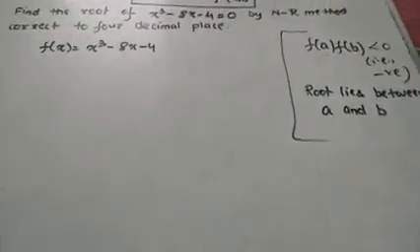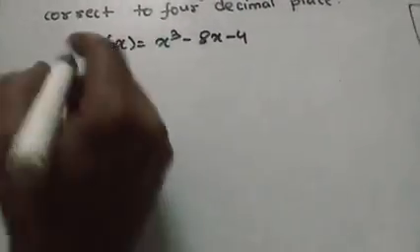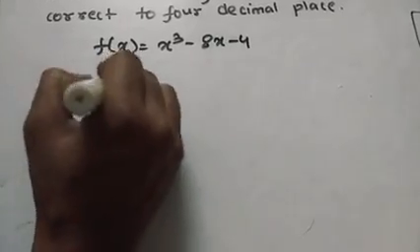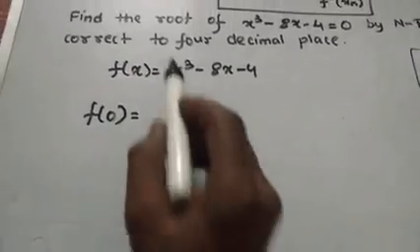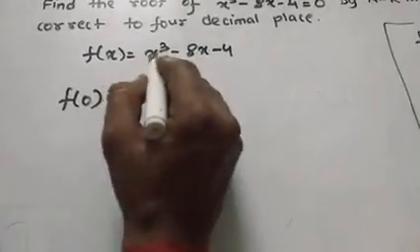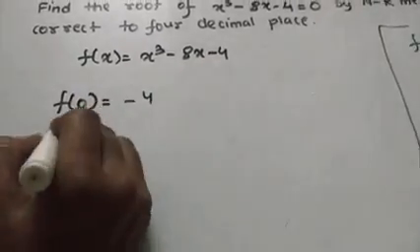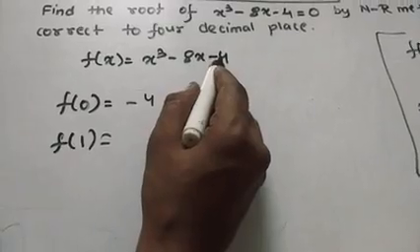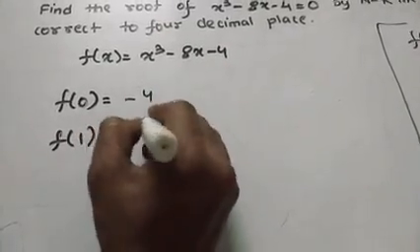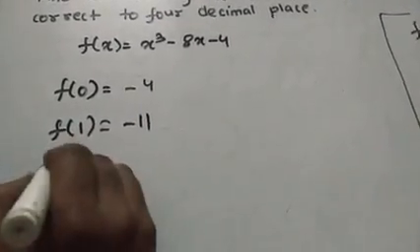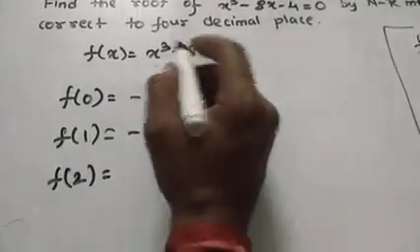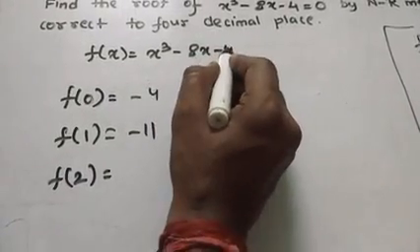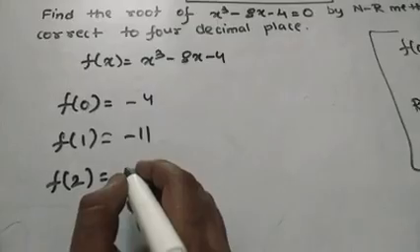So let's start with f(0). In place of x just put 0. So 0, 0 minus 4, that is minus 4. f(1) is 1 minus 8 minus 4, that is minus 11. f(2) is 8 minus 16 minus 4, how much?